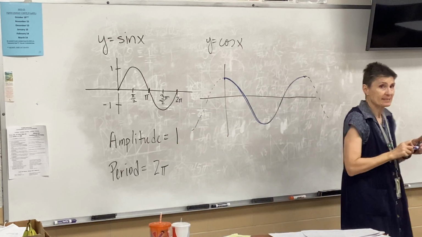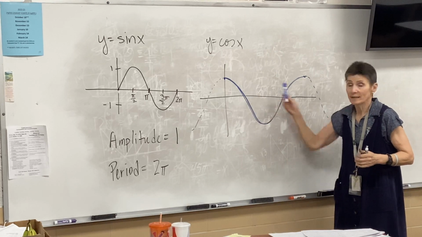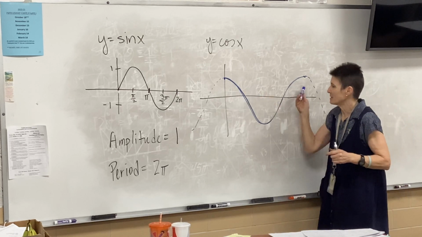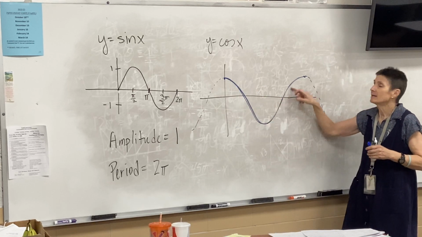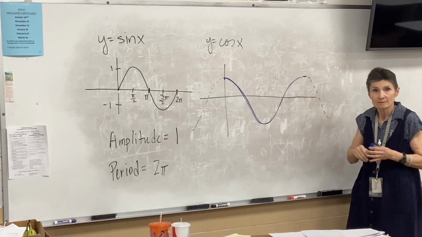It consists of 1 valley and 1 hill. But because of the way it's positioned, the hill has been split. Can you see that? You got half a hill, your valley, the other half of the hill. This is 1 period.